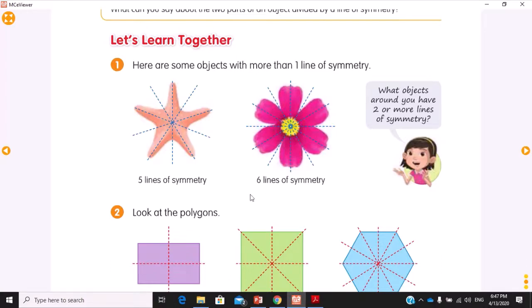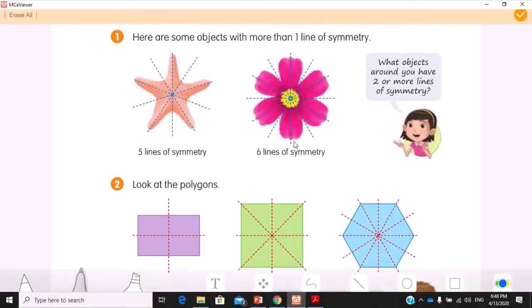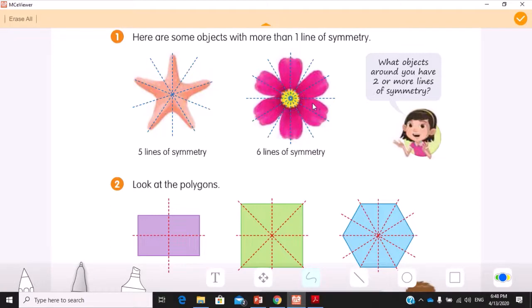But you're probably going to ask, why do we have only 6 lines of symmetry when we have so many lines around? Let me give you the hint. Look at this side over here. I made my line of symmetry in the middle, and I have 6 lines in this area. This means I took half of my shape and made my 6 lines of symmetry around it.